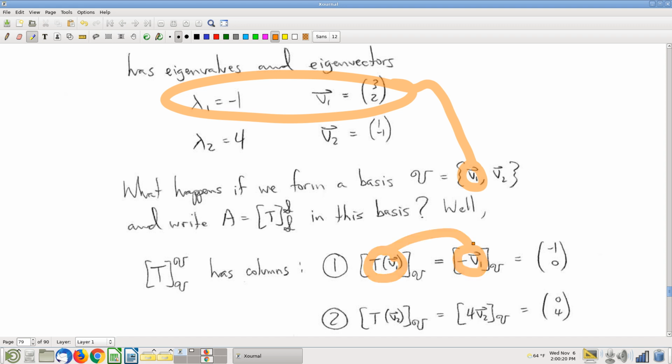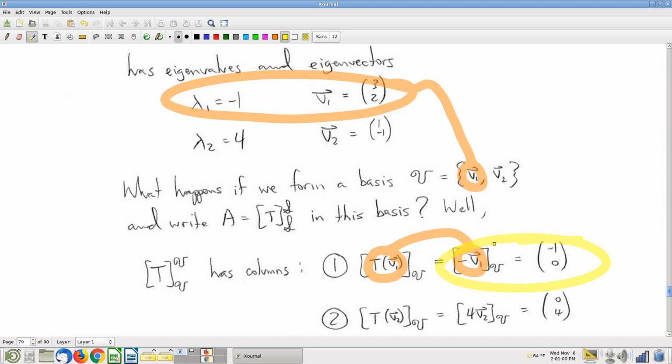How about that for lucky? Next question: how do I write negative V1 as a linear combination of V1 and V2? This is staring you right in the face. Negative V1 is negative 1 V1, plus nothing else, so plus 0 V2. So the coordinates of negative V1 with respect to script V are these numbers.